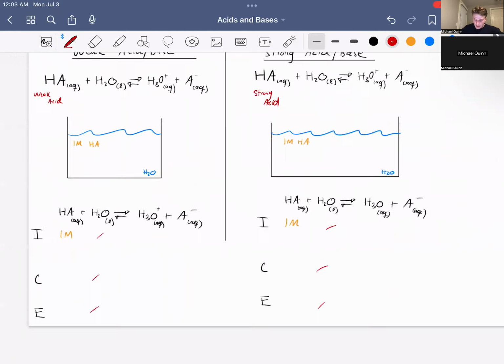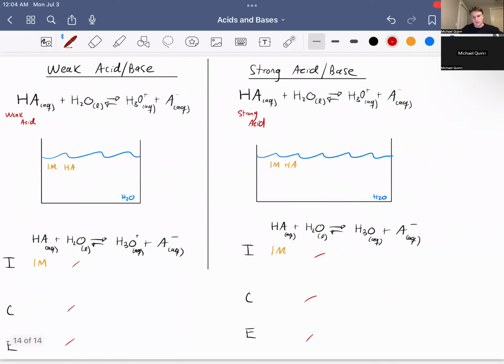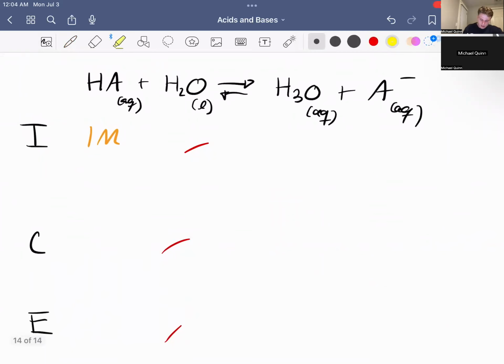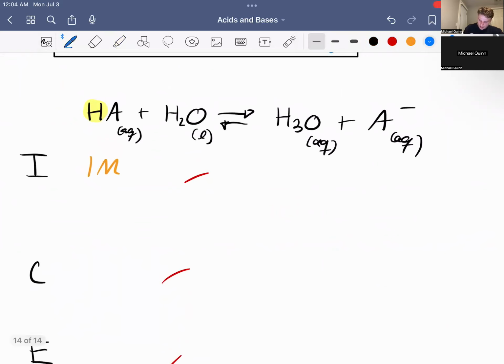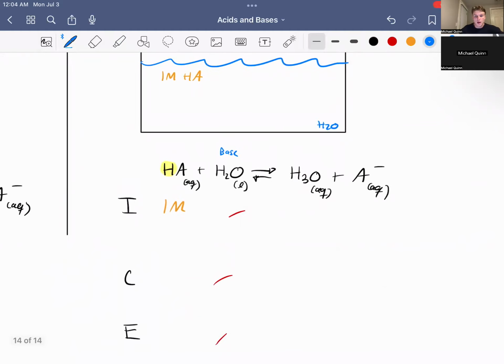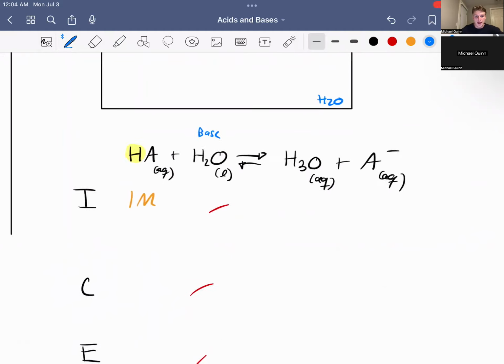Well, let's think about a strong acid reacting with water. We know that this hydrogen right here will be donated 100% of the time. We essentially are reacting this acid with water as our base, and we have a whole beaker of water to react with. So there is plentiful amount of base to react with.